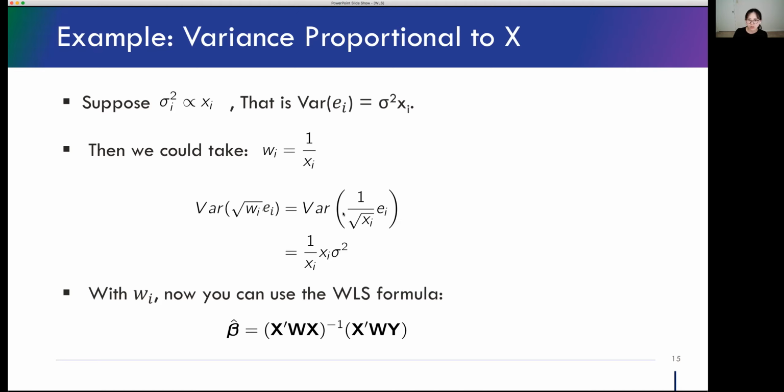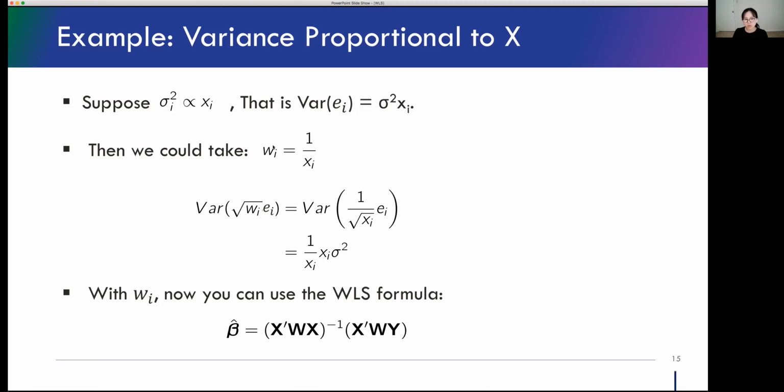We have to take the square of this coefficient before multiplying by the variance of e_i. The square is 1 over x_i, and the variance of e_i is proportional to x_i. So the x_i cancels, and we have the variance being constant after we transform this e_i.